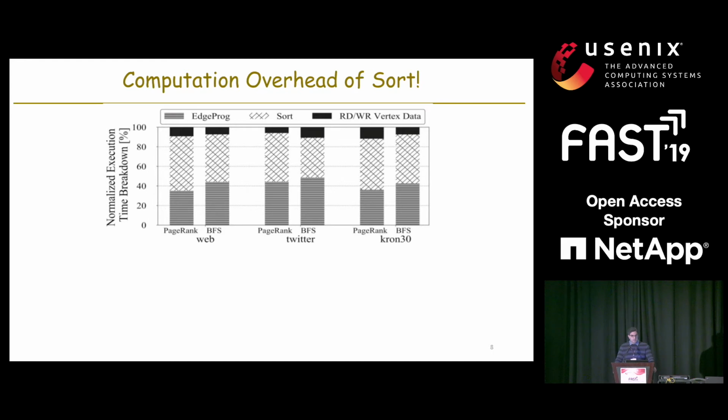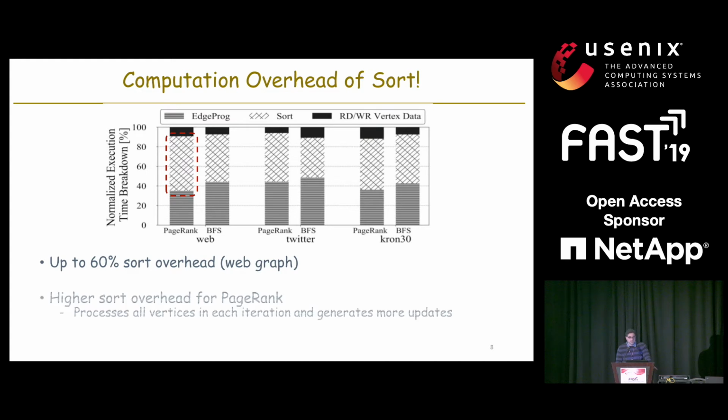Looking at different parts of execution, like reading and writing vertices, reading edges from the edge file, running the graph algorithm, which I call the edge program here, and the sort part, we see that the execution time spent specifically on sorting can sometimes be significant. In this example, for PageRank running on WebGraph, it can take around 60% of execution time.